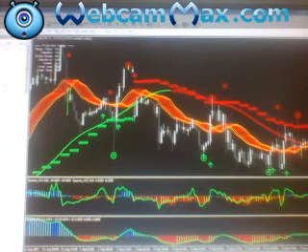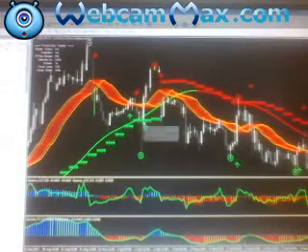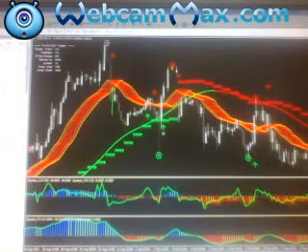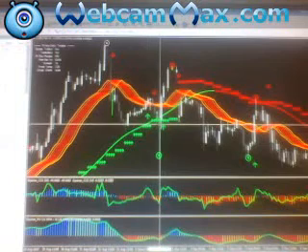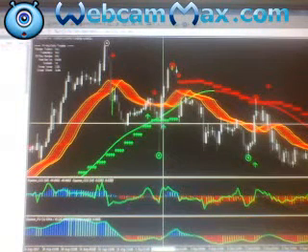As you can see, there's no point in time where there was an entry and the price didn't go in the direction that the signal provided. Let's look at another entry right here. You can take a buy trade here.